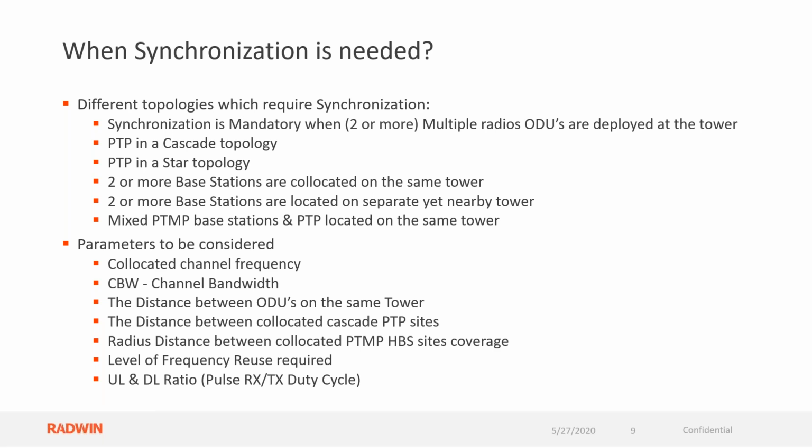It's the same: RADWIN equipment can interfere with RADWIN equipment, just like Cambium can interfere with RADWIN, or a Ubiquiti unit on the tower can interfere with RADWIN. The only thing is that RADWIN has a solution for this, which is to synchronize RADWIN equipment. And when we are synchronized, we don't expect self-interference.